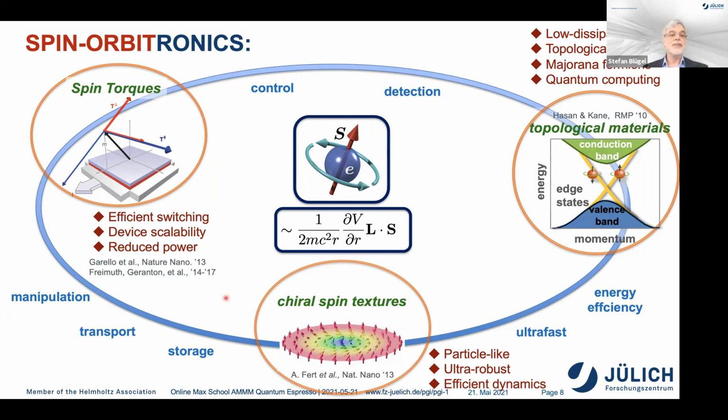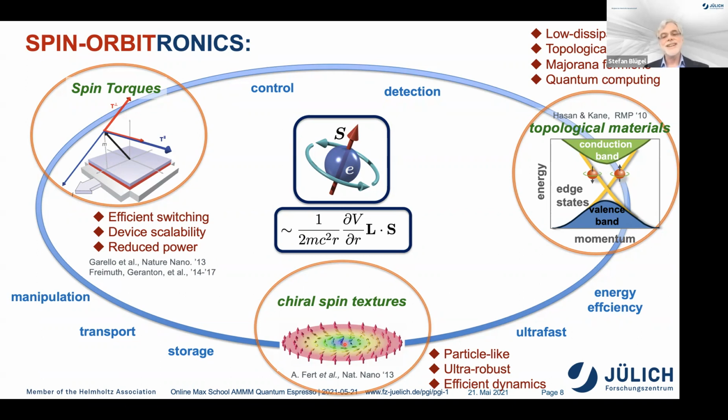But there's also an effect which we call the spin-orbit torque, which is described by the topology in a mixed space, in the momentum space and in the spin space. And this spin-orbit torque is a phenomenon where, if you drive a current through your system, you produce a magnetic torque on these chiral spin textures, for example, and it allows you to move this chiral spin texture with high speed.